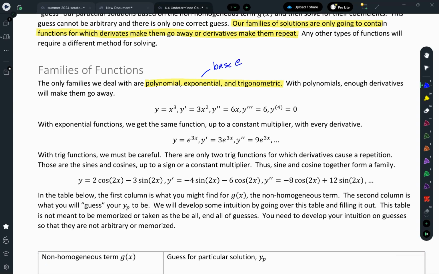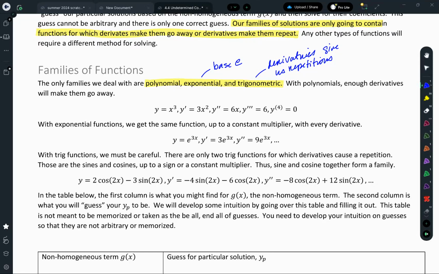I'm not going to work with base 2. That's not going to work for us. Trigonometric, I want only the trigonometric functions whose derivatives give us repetitions, or we see a cyclical behavior of some sort, like the functions don't get worse and worse.